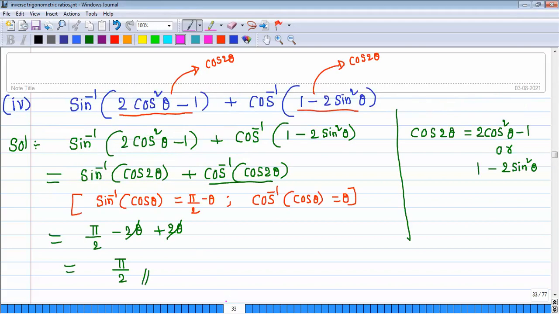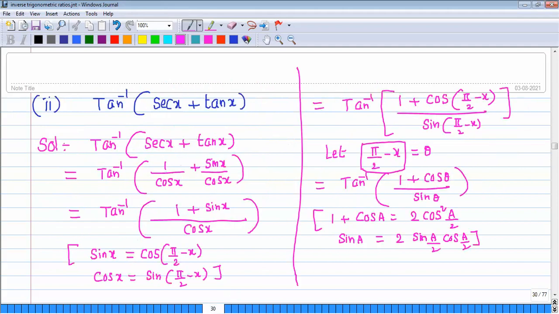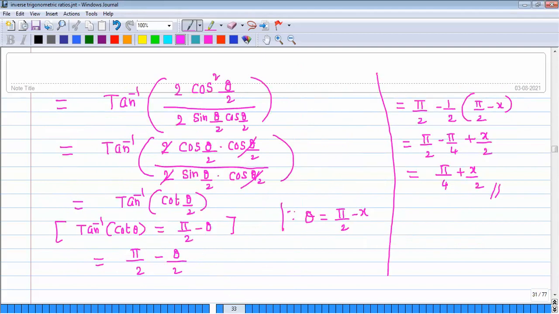This kind of problem we have already completed. Go back and see this question. Same, am I correct or not? But instead of x, we have sec theta and tan theta. We need to solve by the same method here also.